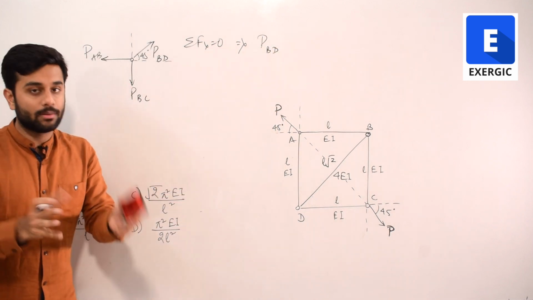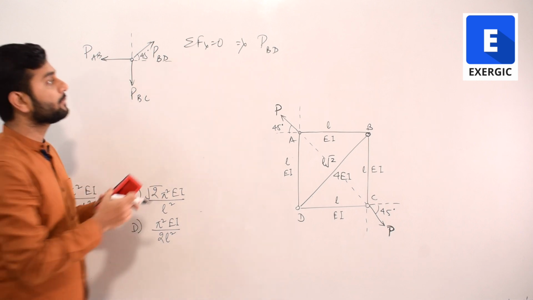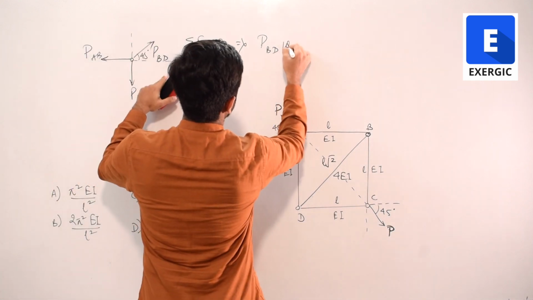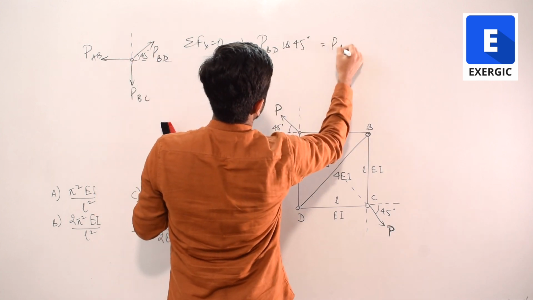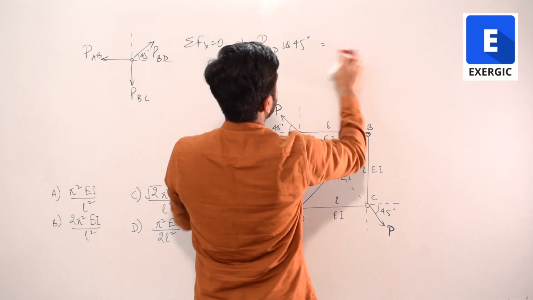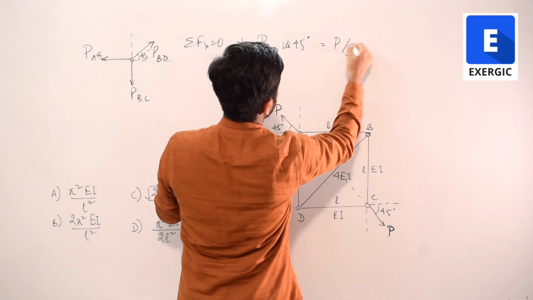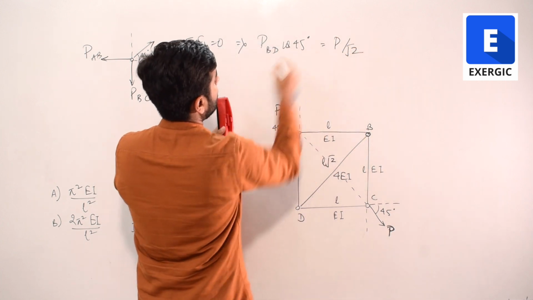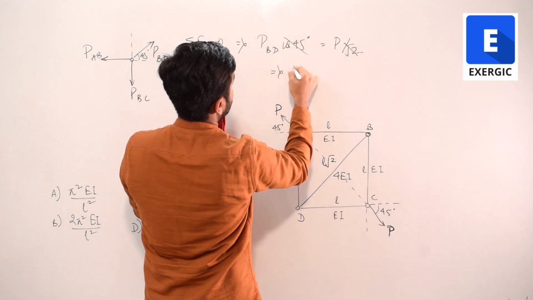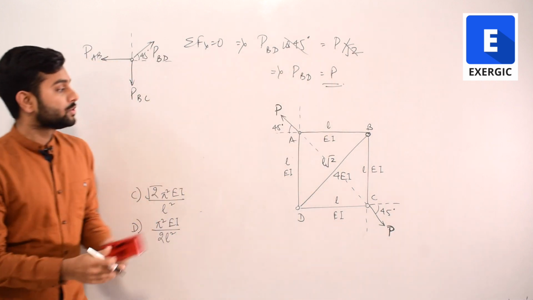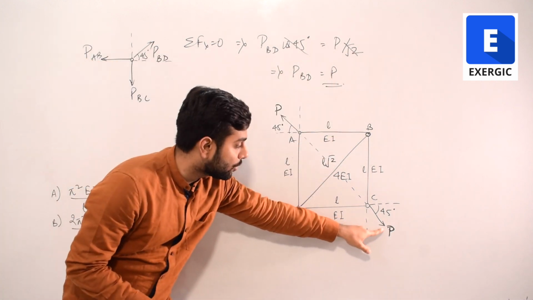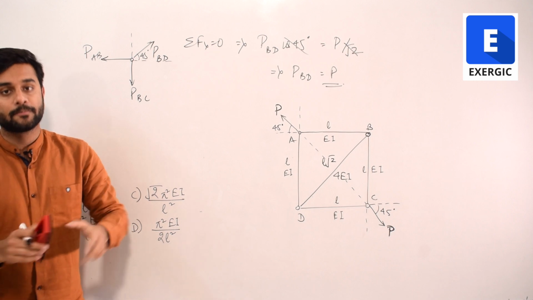We have assumed that to be compressive, so don't expect a negative sign there. So PBD cos 45 in this direction is equal to PAB. And PAB we concluded was P by root 2. And cos 45, 1 by root 2, will get cancelled. So ultimately you will get PBD is equal to P.